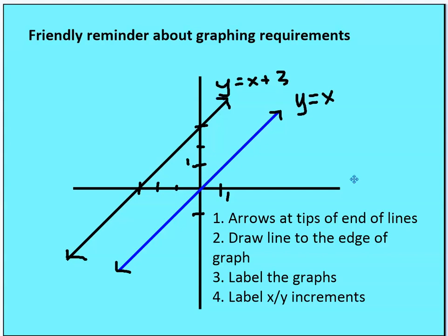Label the graph, so you're going to label these two lines, y is equal to x plus 3 and y is equal to x. And then label the increments for both x and y. Just one isn't enough. So this is plus 1 here, this is minus 1, and minus 1 on the x-axis respectively. But at least label one increment on the x-axis and one increment on the y-axis.